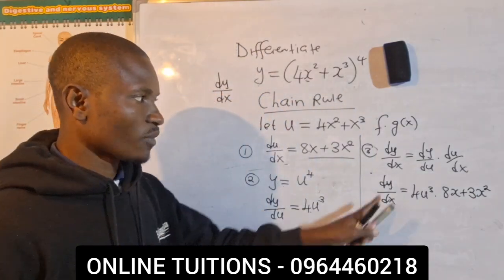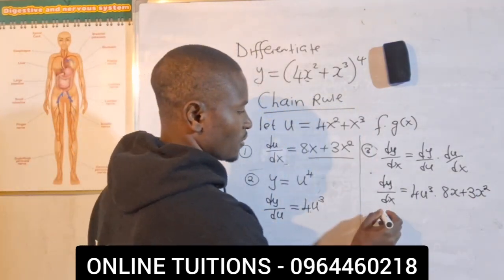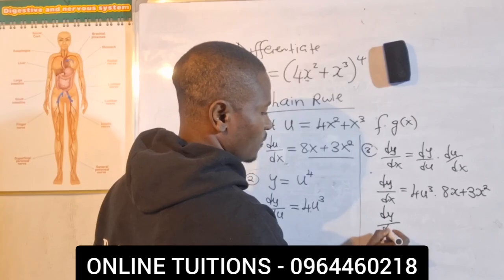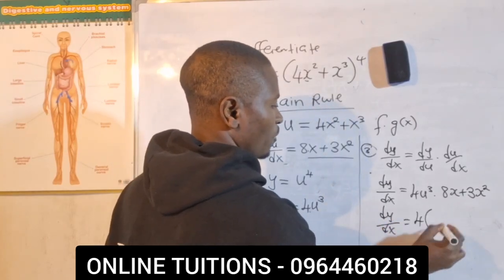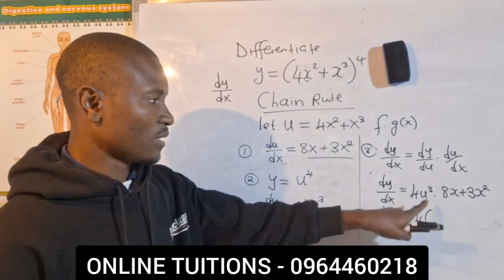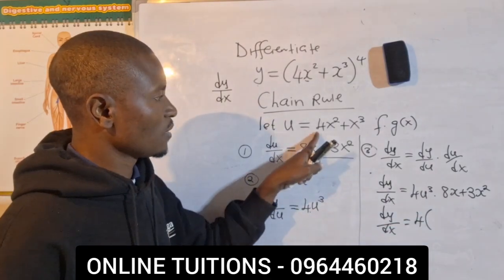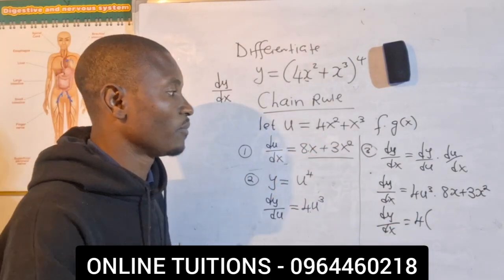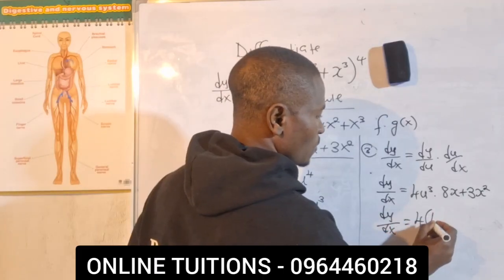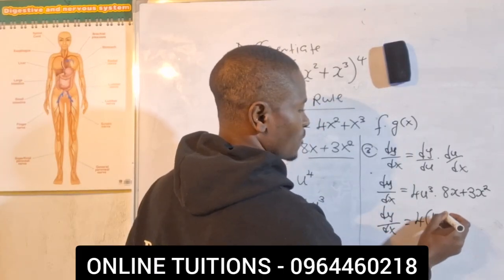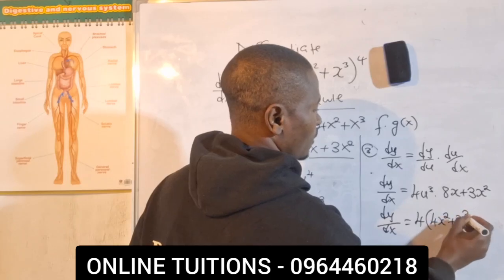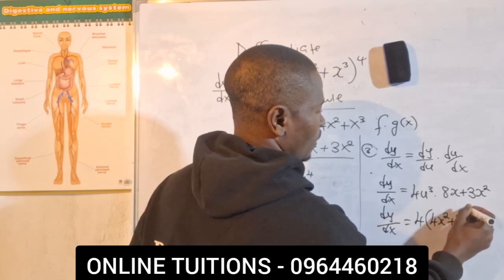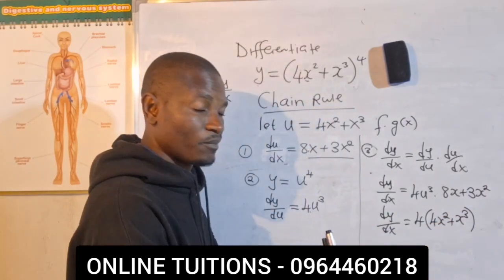Okay, so from there now I'm going to say dy over dx is equal to 4, open the bracket. Now we know that this u is this one, so you just plug it back. So this is 4x to the power 2 plus x to the power 3, and then we put it in bracket.